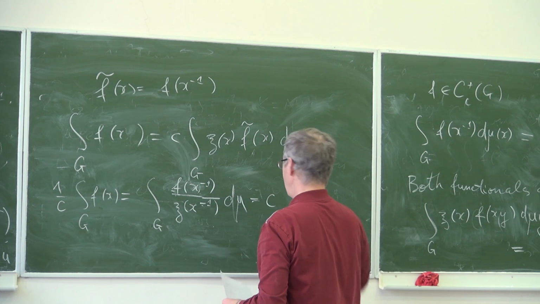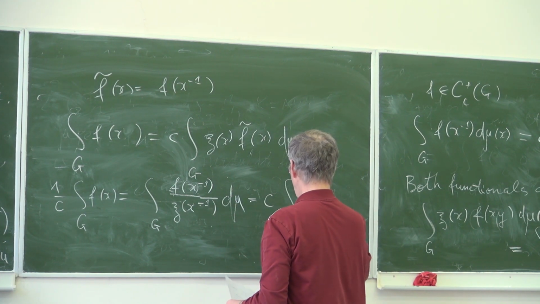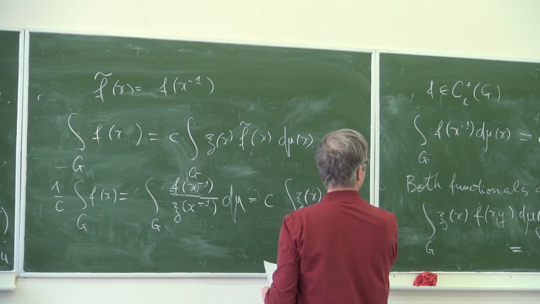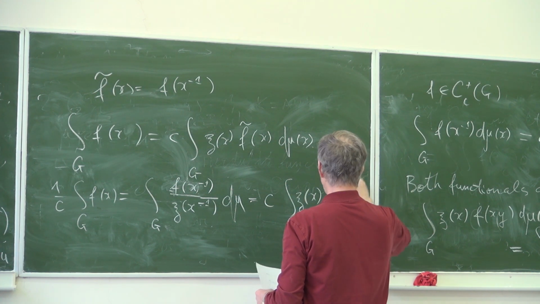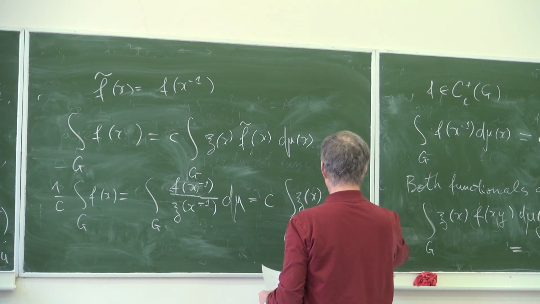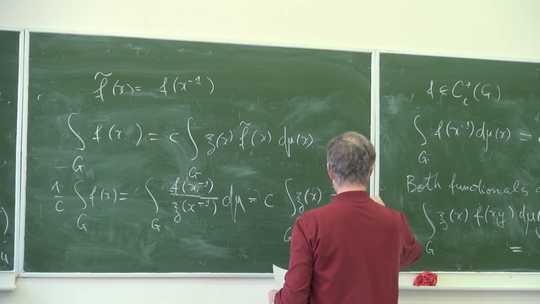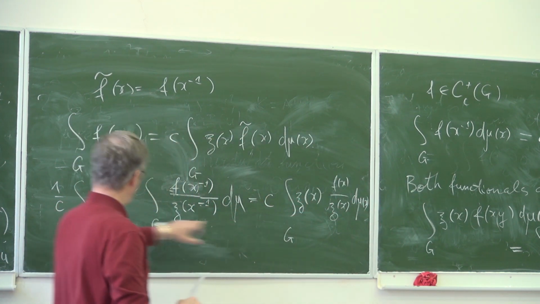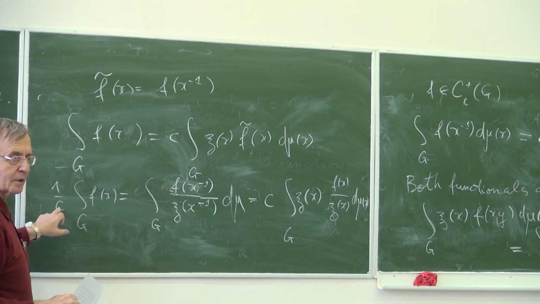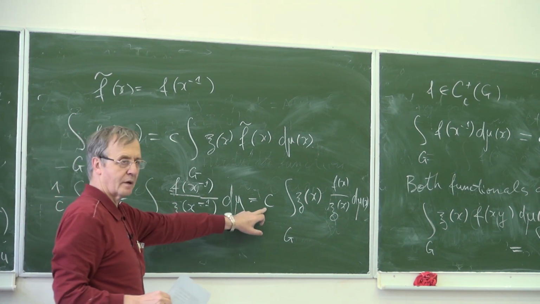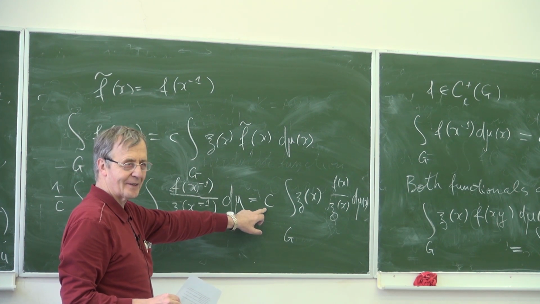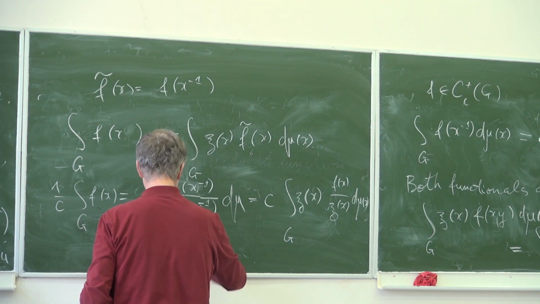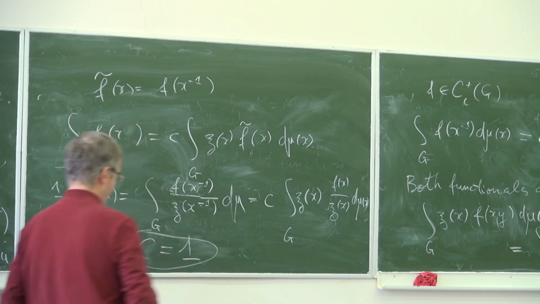So it will be c times the integral over G of what? Of psi of x, f of x over psi of x, d mu of x. And so we recover here the same integral as here, and here it is multiplied by 1 over c, here it is multiplied by c, so c is equal to 1.